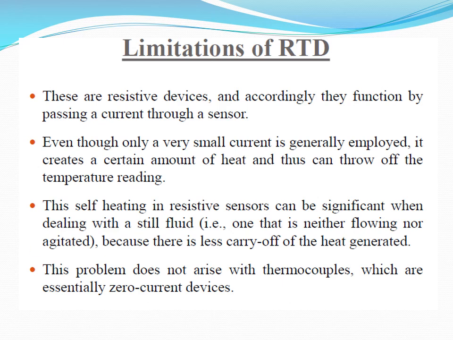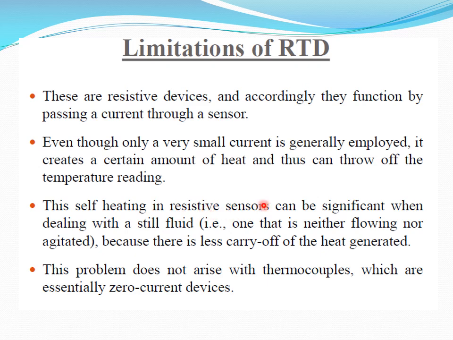Some of the limitations of RTD. These are resistive devices, so you have to allow current to pass through the sensor. Even if it is a small current, it can create a certain amount of heat and thus throw off the temperature reading.